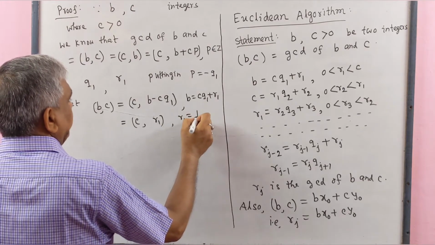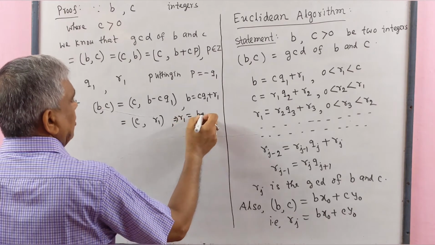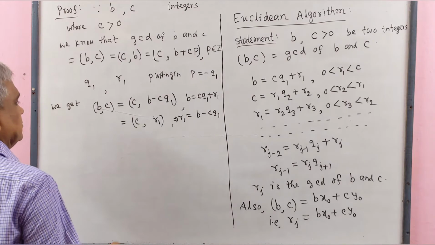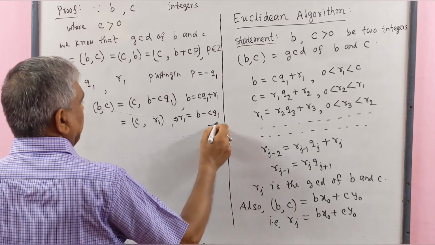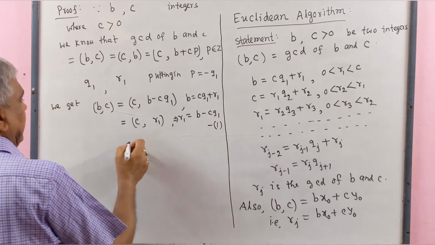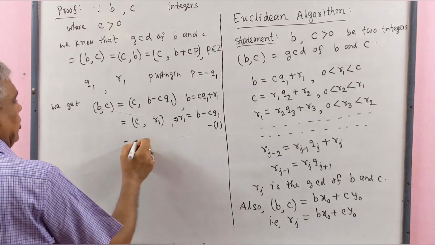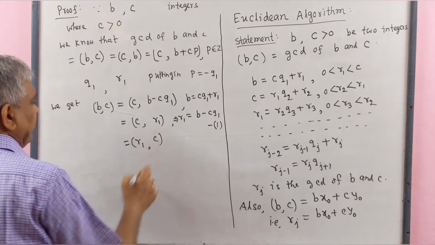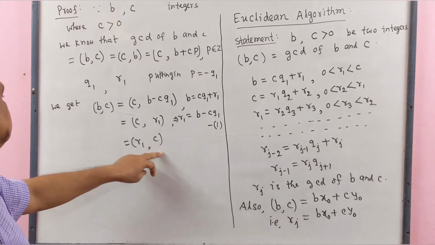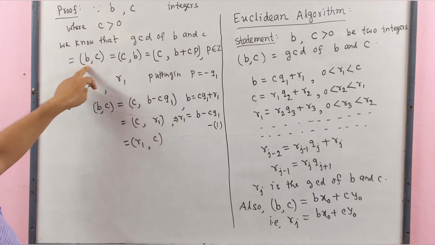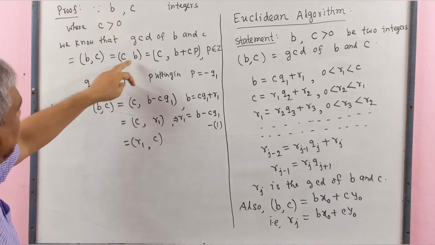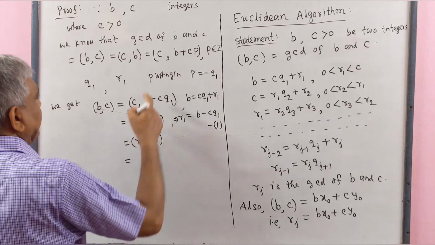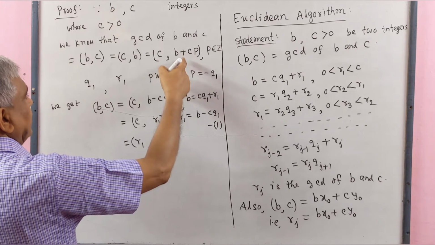R1 equals B minus CQ1. Let this be number 1. And this equals GCD of R1 and C. Here GCD of B and C equals GCD of C and B, and we may write using this formula.